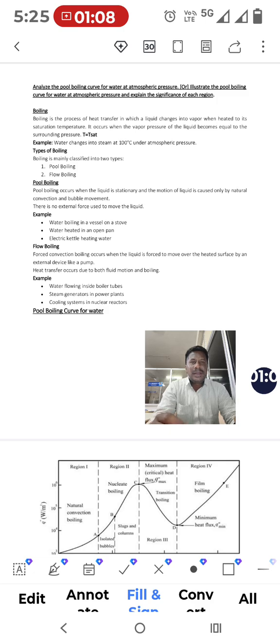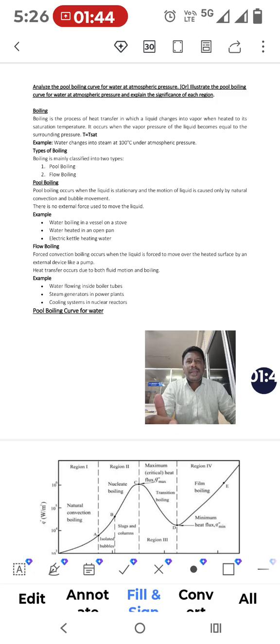Due to density difference, the boiling is carried out by natural processes only. The best examples of pool boiling are water boiling in a vessel on a stove, water heated in an open pan, or an electric kettle.